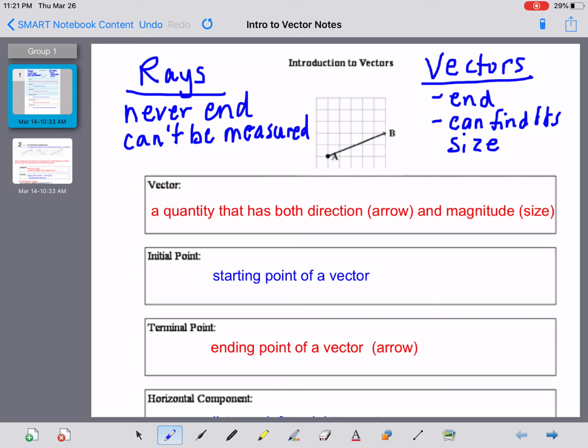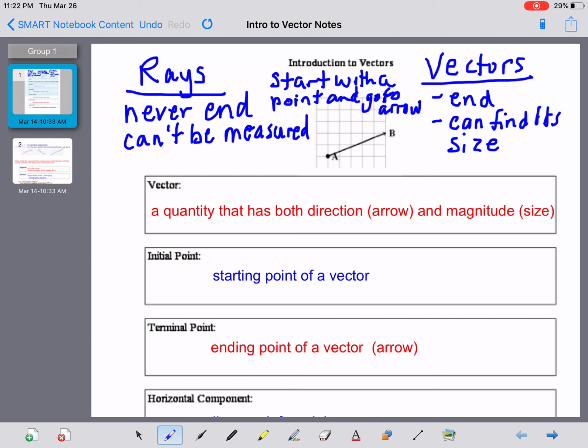So with both of them, though, when you think about them, they both start with a point, and they go to that arrow. So in that way, they're the same. They look kind of the same, but we're definitely going to see a difference with vectors today than we saw with rays before.